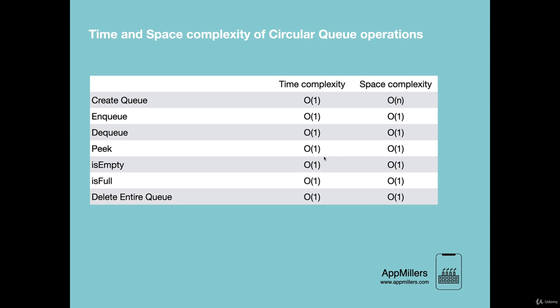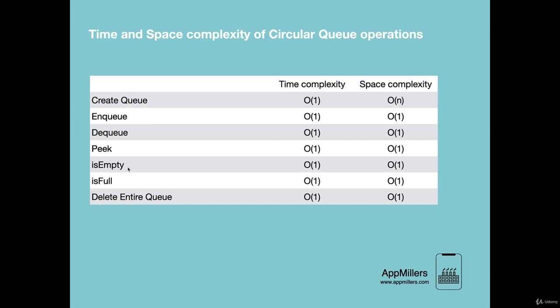Now the next method is the peek method. We know that the peek method returns the first element from the queue. So in case of a Python list, when we access the first element, it takes O(1) time complexity. That's why here returning the first element from the queue takes O(1) time complexity. And we know from the list section that when we access an element of a list, it takes O(1) space complexity. That's why here also it takes O(1) space complexity.